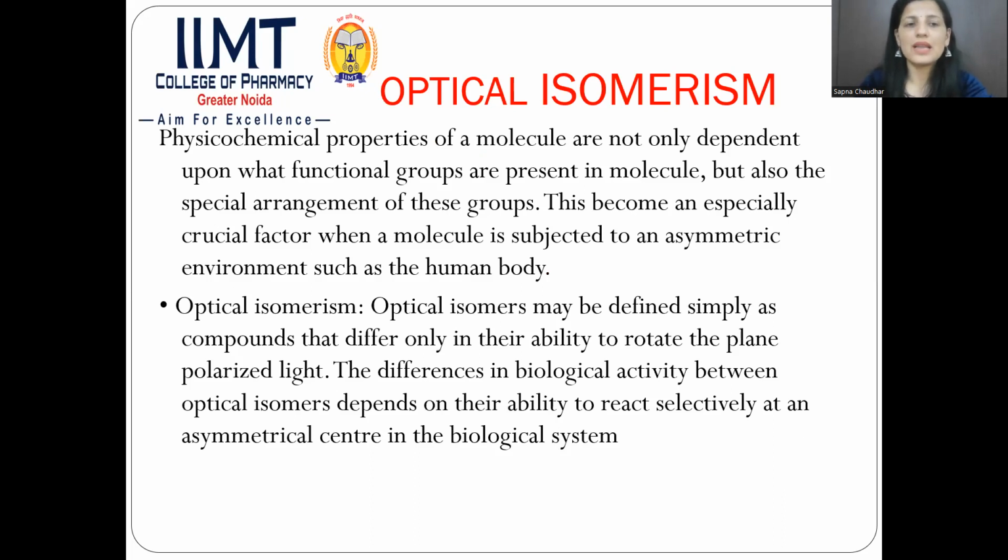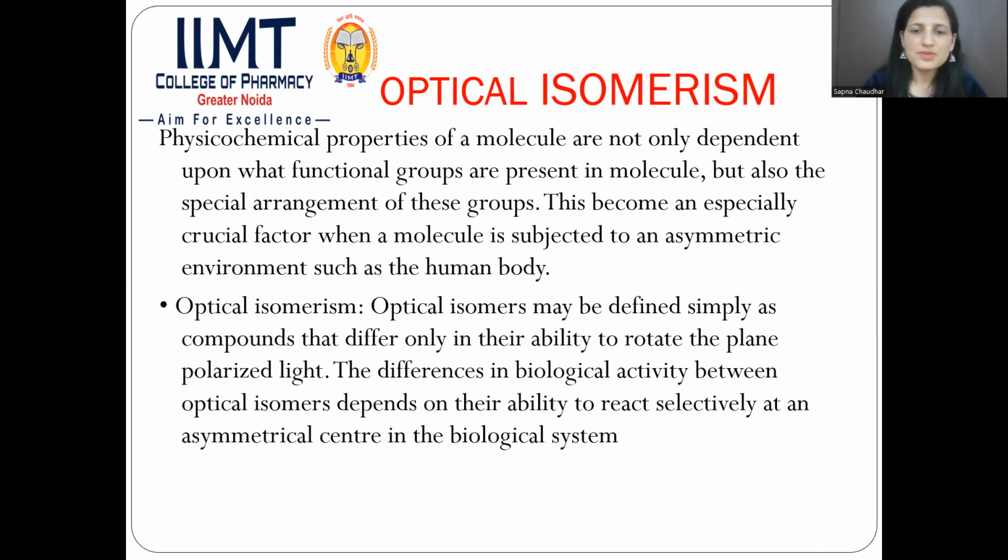Next is optical isomerism. Physicochemical properties of a molecule depend not only on the functional groups present in the molecule, but also on the spatial arrangement of these groups, which becomes an especially crucial factor when the molecule is subjected to an asymmetric environment such as the human body. Optical isomerism and geometrical isomerism.